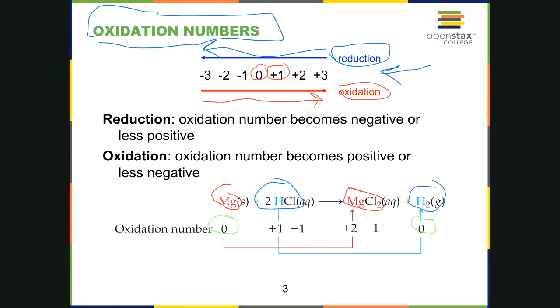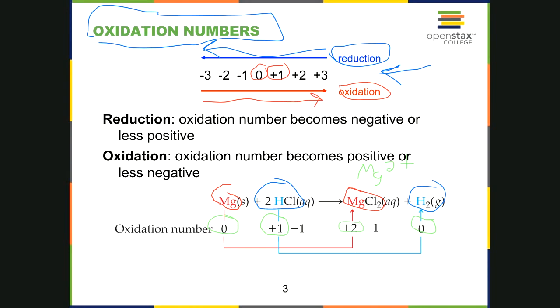Then, if something is in an ionic compound and it has a charge, then its oxidation number is the same as that charge. So the hydrogen in the hydrochloric acid is going to have a 1+ charge, so its oxidation number is +1. And the magnesium is going to be Mg2+, so therefore its oxidation number is going to be +2.